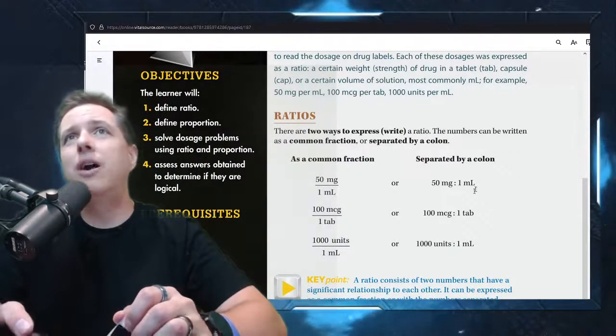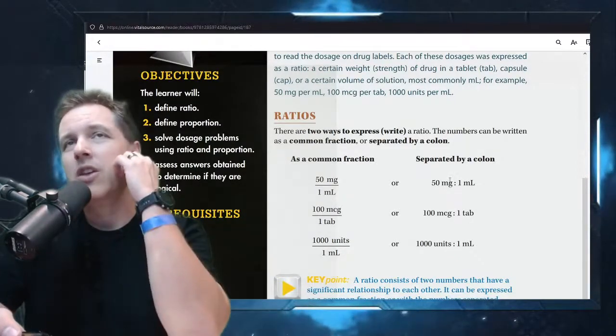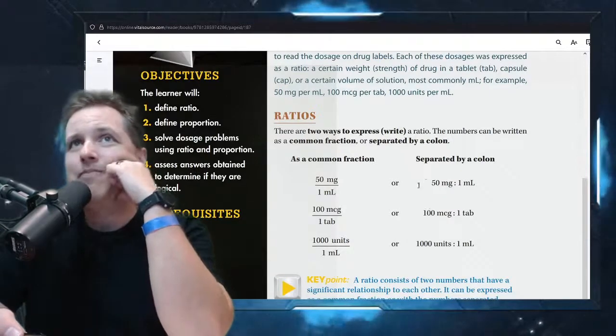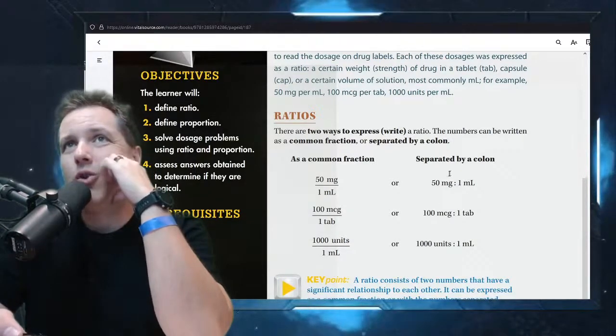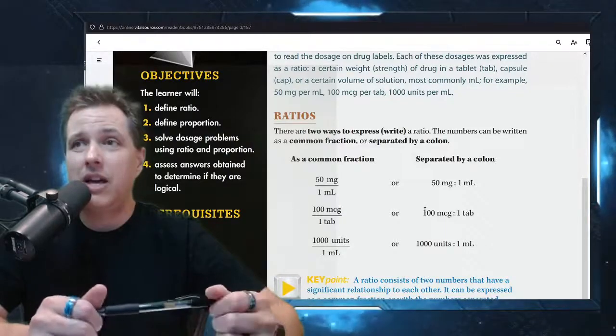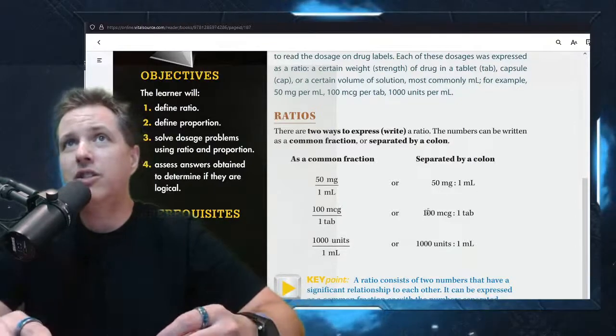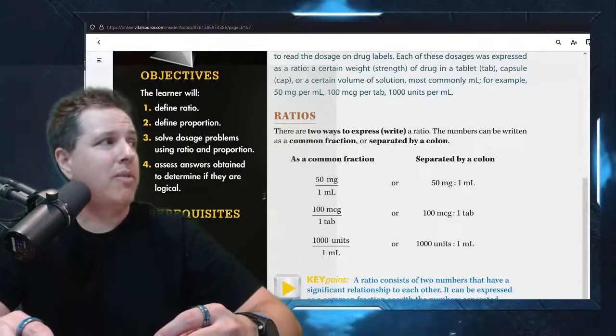So they give you the option in the book to write it either way. But what I will say is I think that using the colon convention is more error prone, just because you're not really used to using it that way. And then also you're not used to doing operations when it's written in this form. That's one nice thing about fractions.